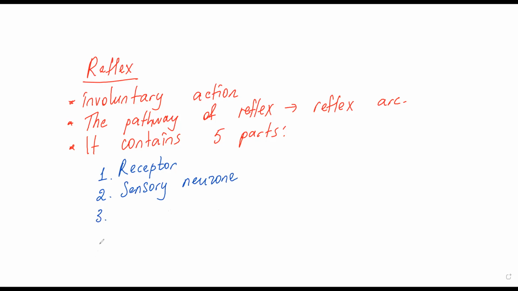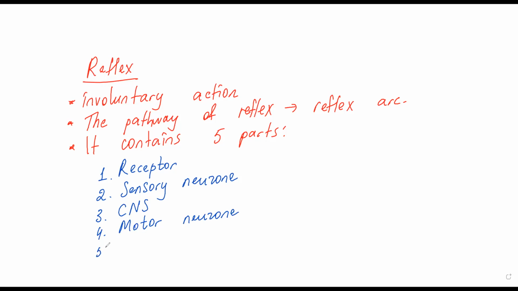The sensory neuron takes the signal from the receptor to the brain or spinal cord, what we call the CNS, central nervous system. Your central nervous system produces an answer: it analyzes the signal and decides, for example, that it is harmful, so we need to take the finger away. So it sends the answer by another neuron, which we call a motor neuron.